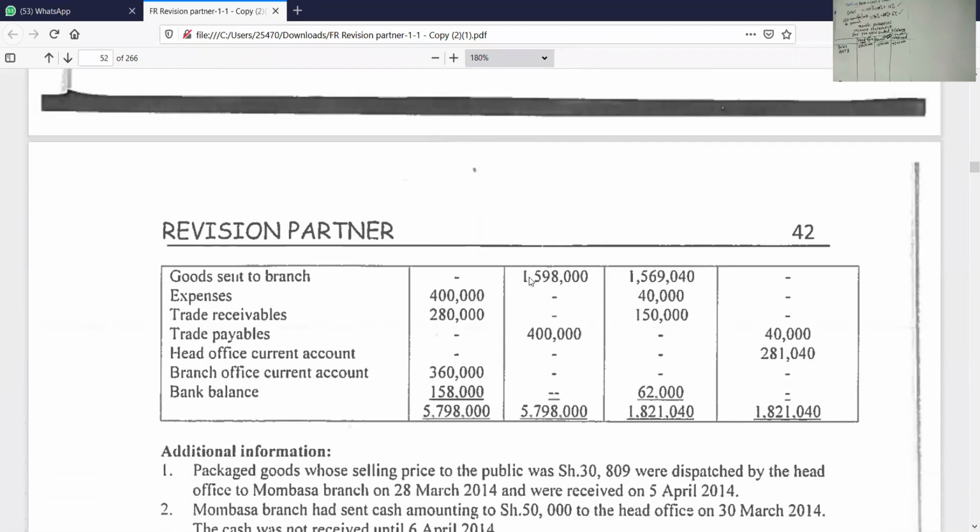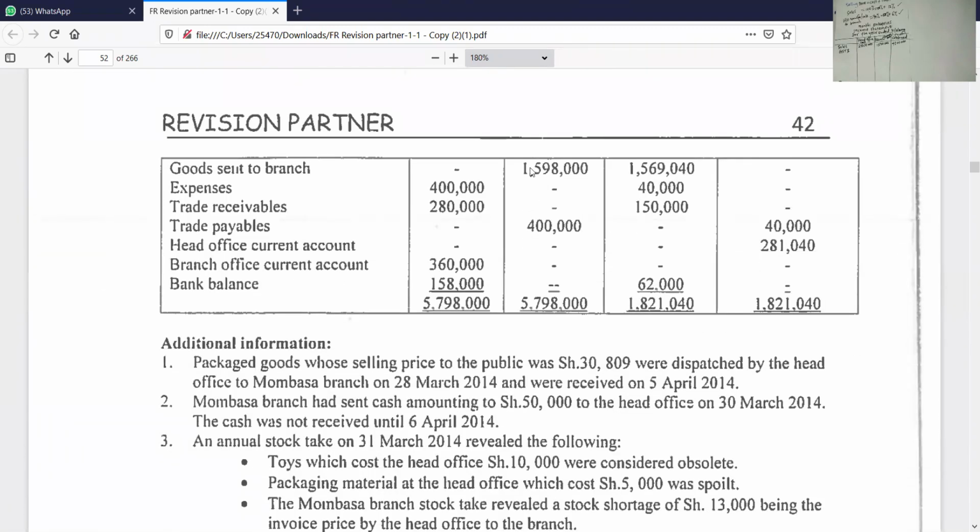So for goods sent to branch, you can see we have 1,598,000, that is 1 million, not 1,000. But under the column of the branch, the branch received 1,569,040.